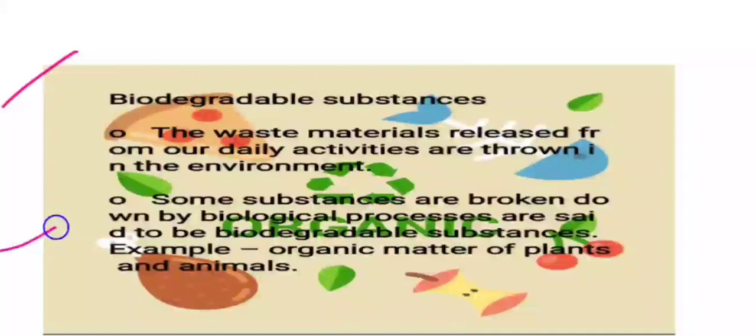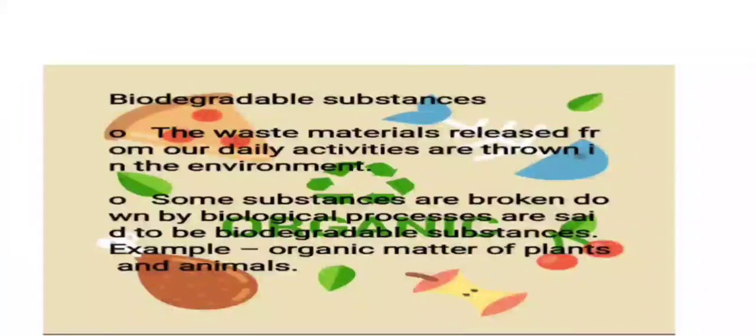As we know, we release a lot of waste from our daily life activities, and that waste is thrown in the environment. Waste like vegetable peels and fruit peels get consumed. So these are the biodegradable substances, and these are decomposed by the bacteria.